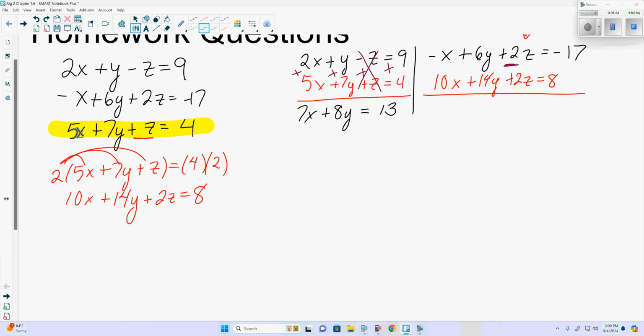So here, we're going to subtract all the way through. Now again, I put the subtraction between each one just as a reminder to myself that we're subtracting.